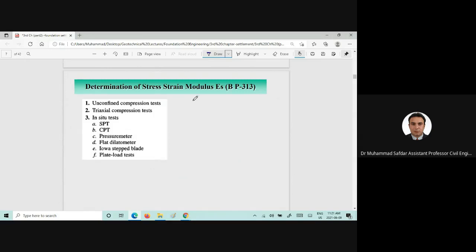Now, what are the lab tests and what are the in situ tests performed to find out the modulus of elasticity?